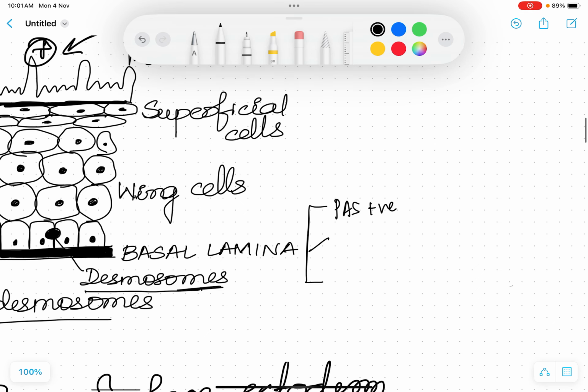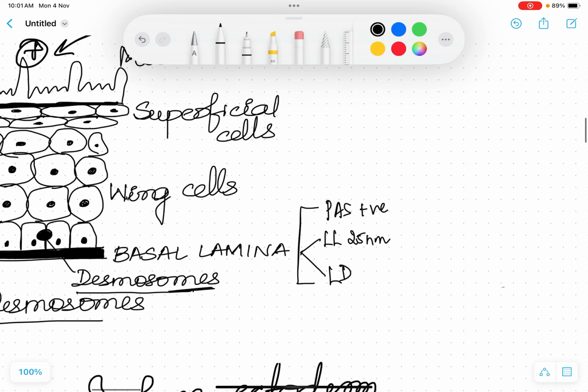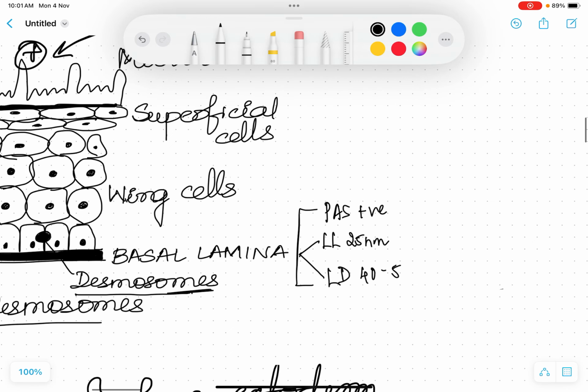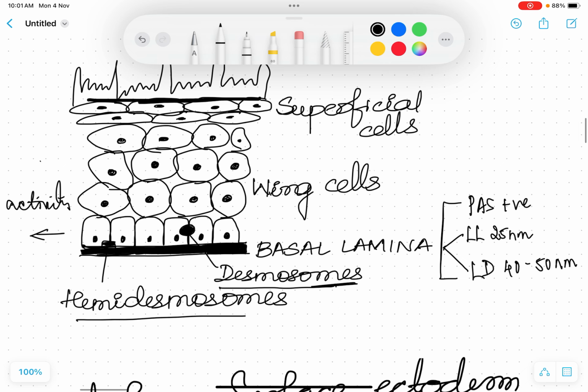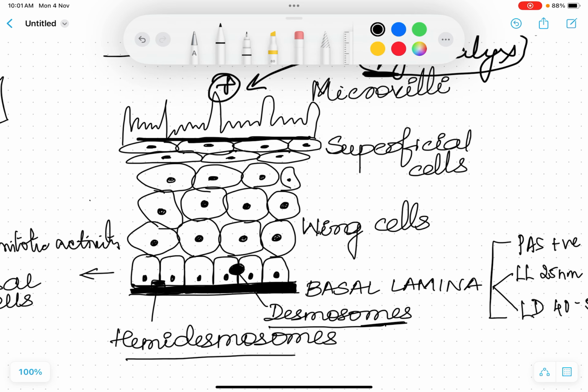Second, it is divided distinctly into 2 layers: lamina lucida, which is 25 nanometers, and lamina densa, which is about 40 to 50 nanometers in size. Now these basal cells continuously multiply, and the older cells move to the layer above by amoeboid movement.